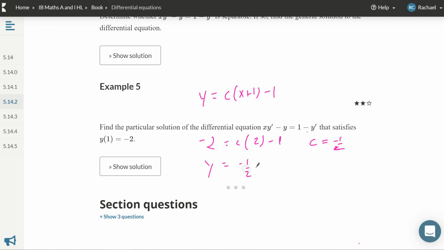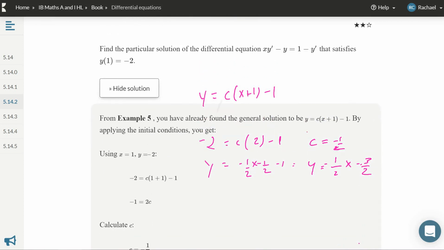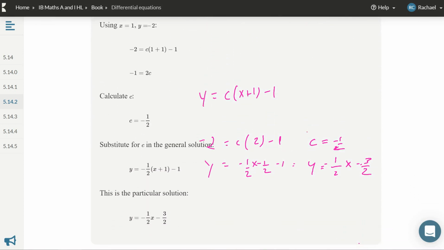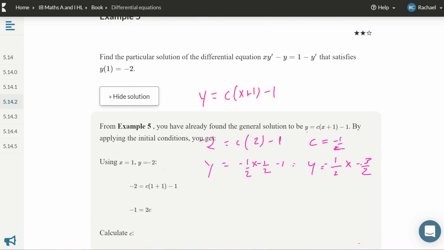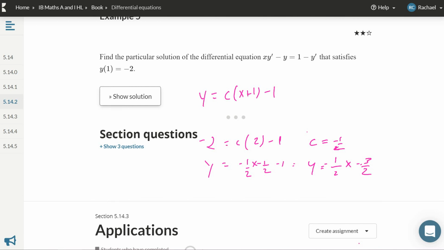So negative 1/2 x minus 1/2 minus 1. So it's y equals negative 1/2 x minus 3/2. Yep. So just plugging in that particular solution back into the equation to solve for c.